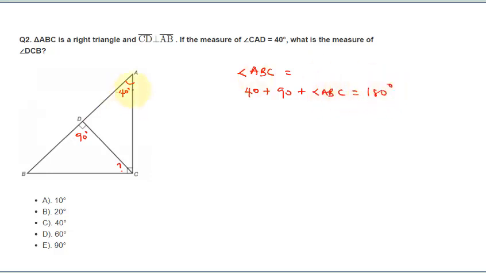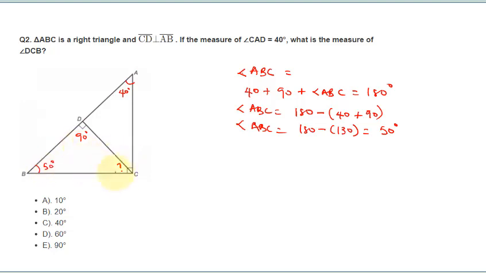The reason is we're trying to sum the angles of a triangle, the total sum of angles on a triangle. Now that means angle ABC is going to be 180 minus 40 plus 90. And that means angle ABC is going to be 180 minus 130. So that's going to give us 50 degree.